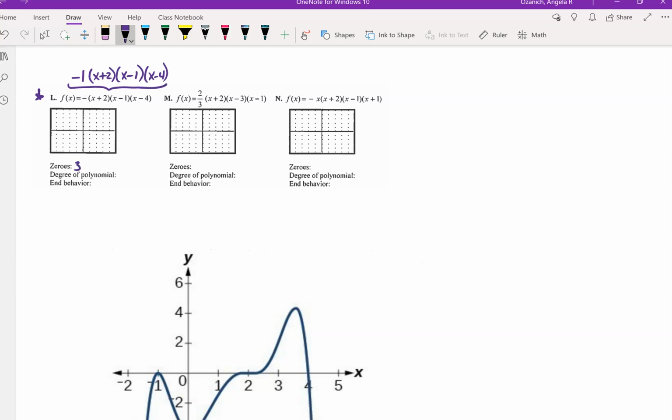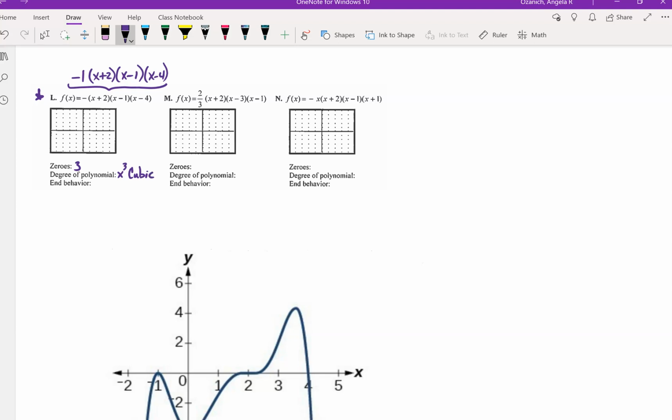So it looks like I'm going to have 3 zeros. The degree of this polynomial function, if I were to graph it and multiply all these together, I would have an x cubed, right? So it's going to be a cubic function.